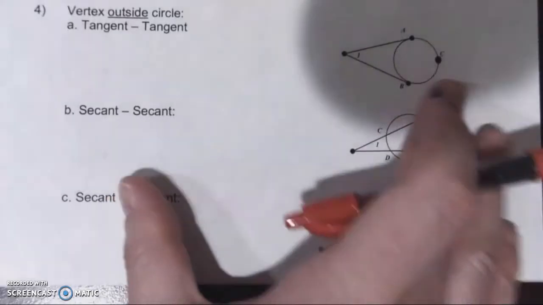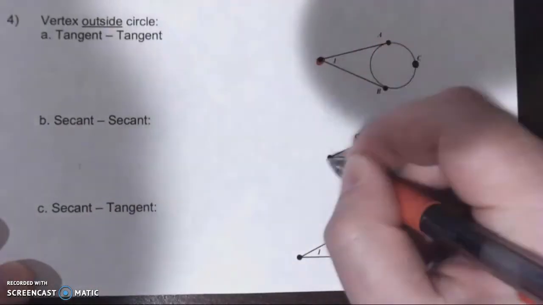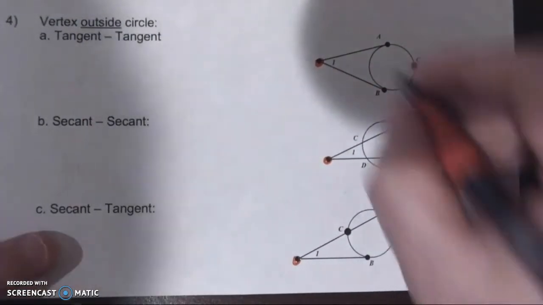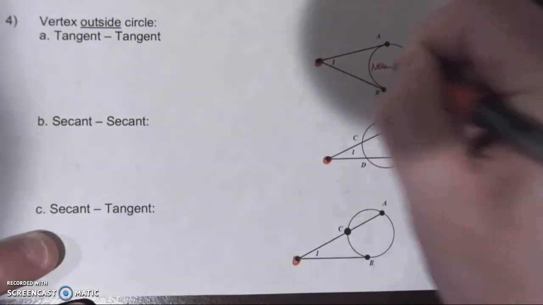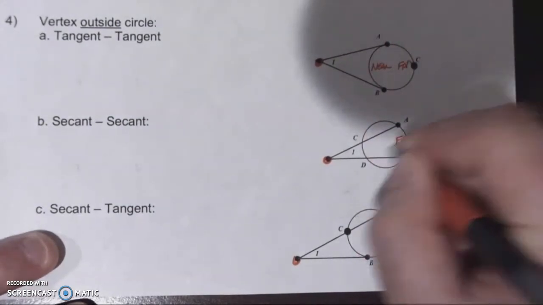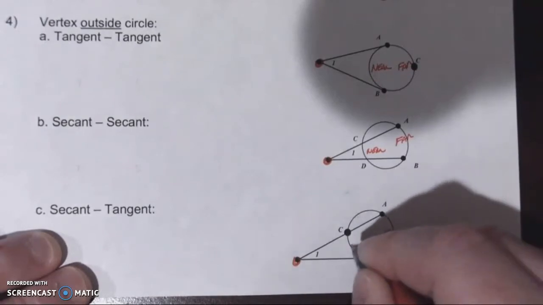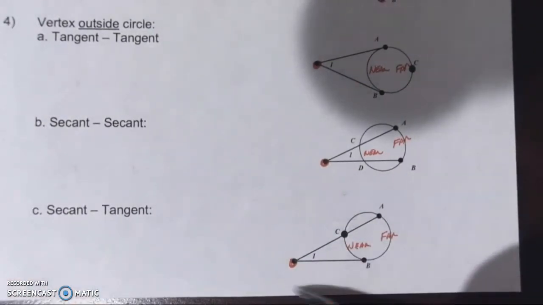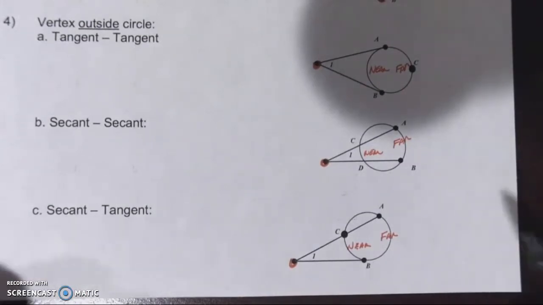Okay, and then lastly, we could have a vertex outside the circle, like these three here. When that's the case, we form far arcs and near arcs. Very simply, the arc furthest from the angle we call the far arc, the arc closest we call the near arc. All right.